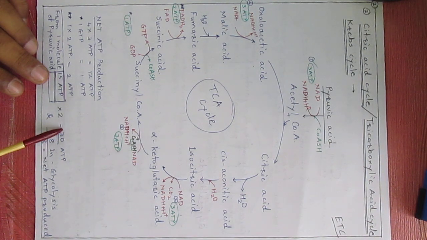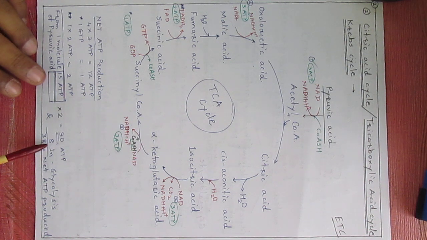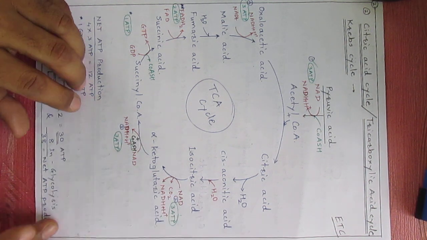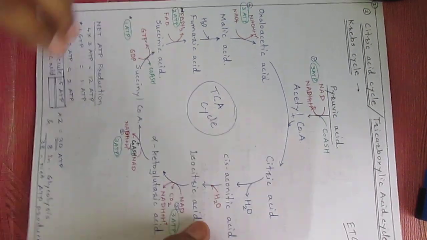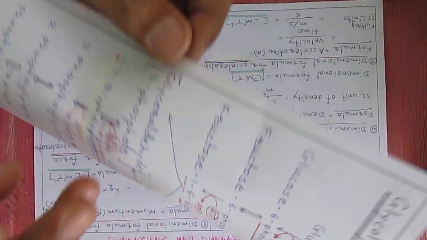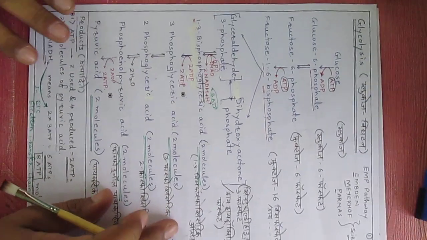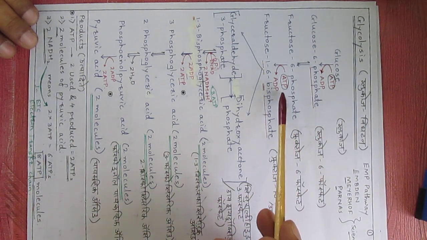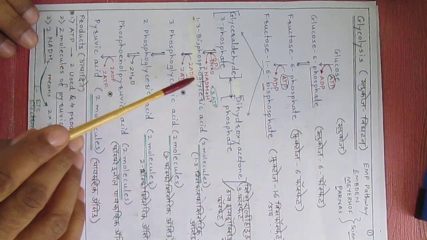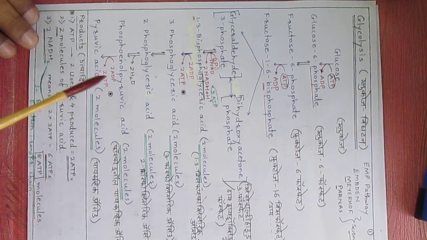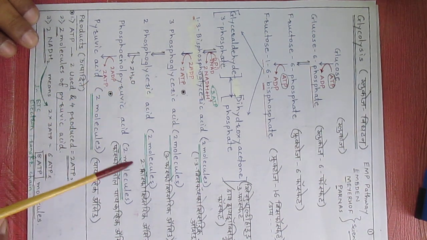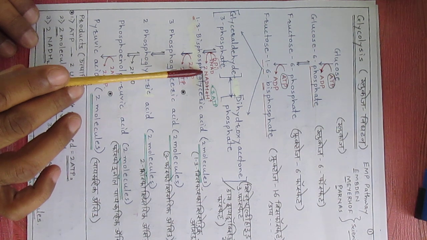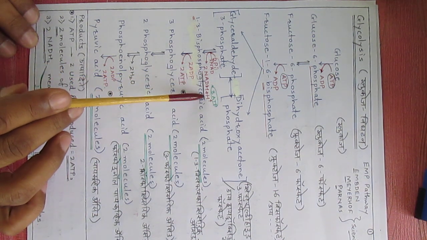And in the process of glycolysis, we have studied earlier that 2 ATP molecules are utilized and 4 ATP molecules are produced in the glycolysis process, but at one stage there is formation of NADH2.